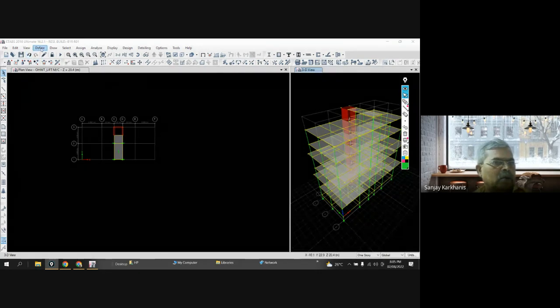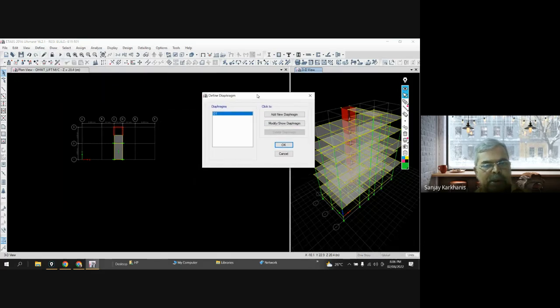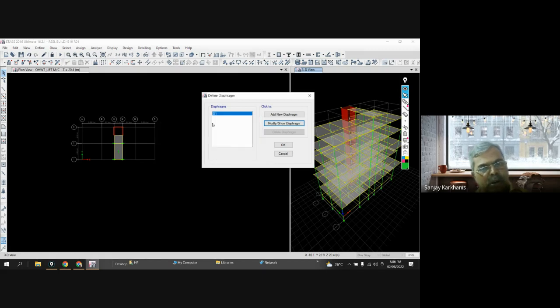and the creation of the diaphragm you can get through this. Go to define and go to diaphragm. So click on the diaphragm and you will see this is the diaphragm. Now if you click on this diaphragm, you will see the diaphragm name is D1 and there is rigid and semi-rigid. Semi-rigid means it may have some deformations in vertical direction. So it is not 100% rigid, and this is 100% rigid, right? So you want this diaphragm to act like D1.